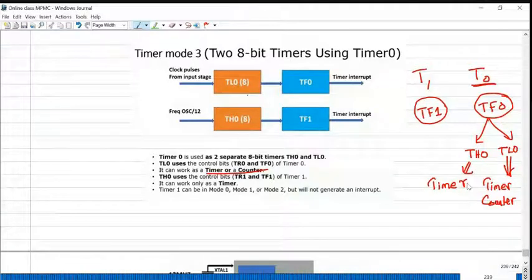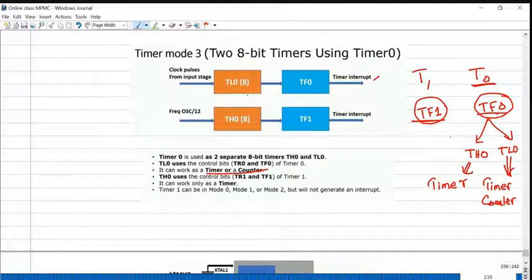Whenever T0 or T1 acts in timer mode or counter mode, once it reaches the maximum value, it should generate the interrupt. But T1 has only one overflow flag bit, TF. Once the overflow flag bit is set, the interrupt will be generated, or on interrupt generation this flag bit will be set.